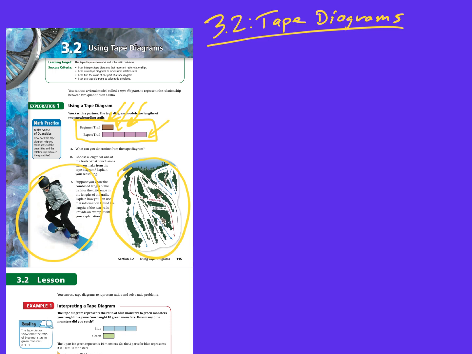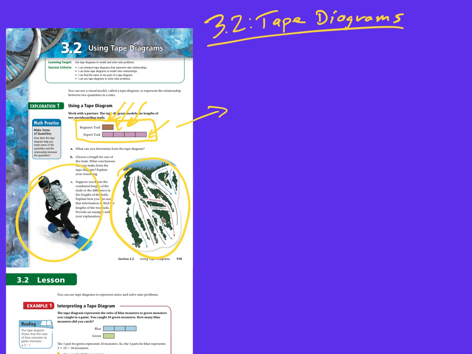If the beginner trail is 1 box and the expert trail is 4 boxes, you'll notice the boxes are the same size, which means we could say that for every 1 box the beginner trail has, it would be 4 for the expert trail.